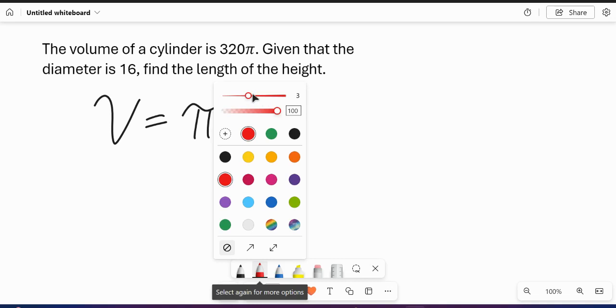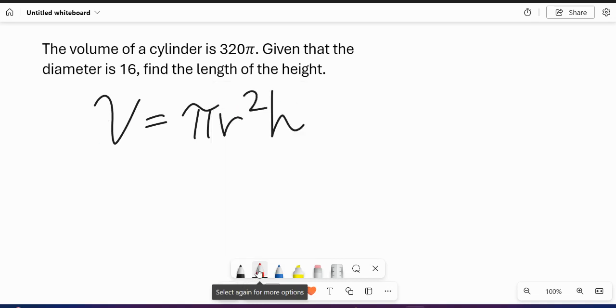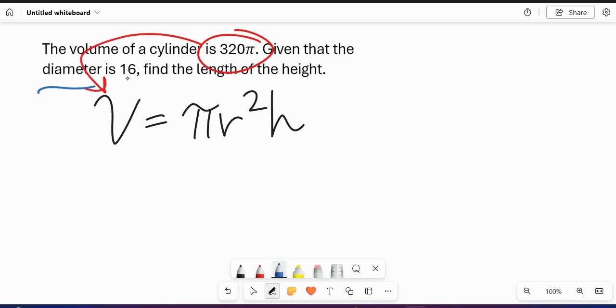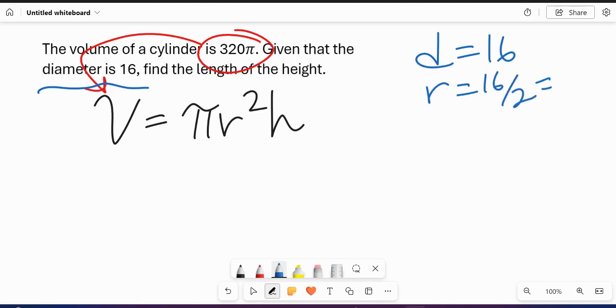That is going to go in for the volume, but the diameter is 16. So this time the diameter is 16. That means the radius is 16 divided by 2, which is 8.